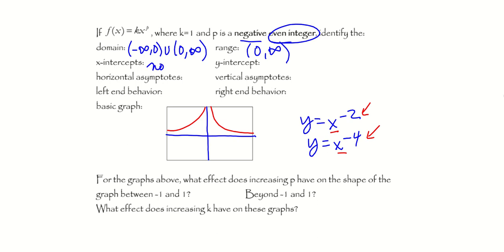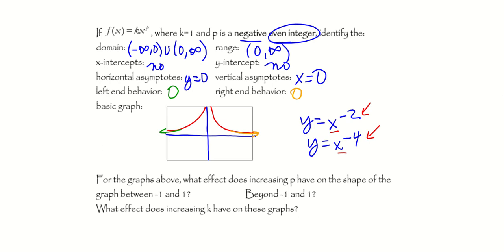There are no x-intercepts, there are no y-intercepts, but again, we have a horizontal asymptote at y equals 0, the x-axis, and a vertical asymptote at x equals 0, the y-axis. The left-end behavior is approaching our horizontal asymptote, so that left-end behavior is 0. To the right, again, we're approaching the horizontal asymptote, so the right-end behavior is also 0.